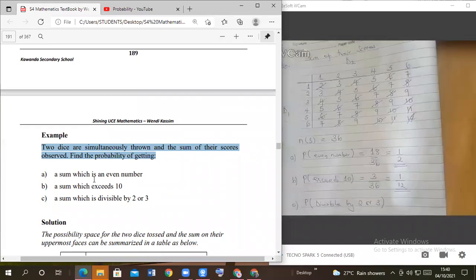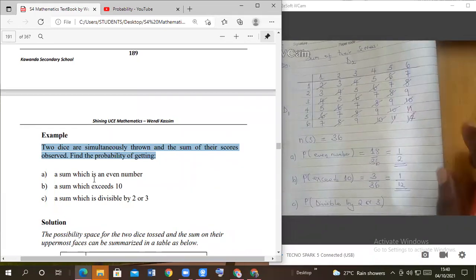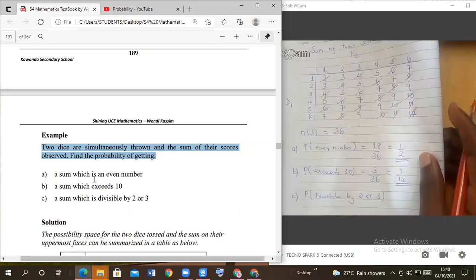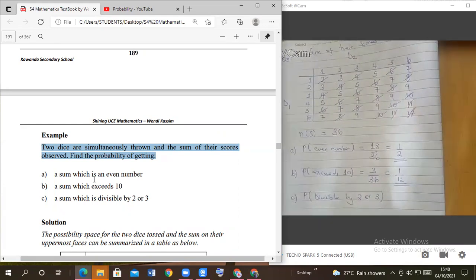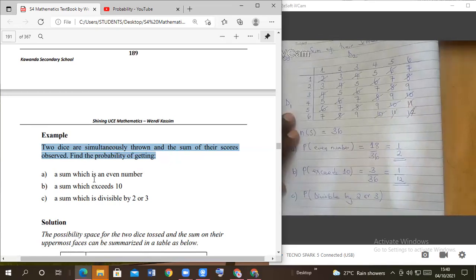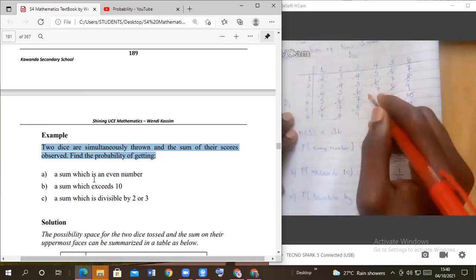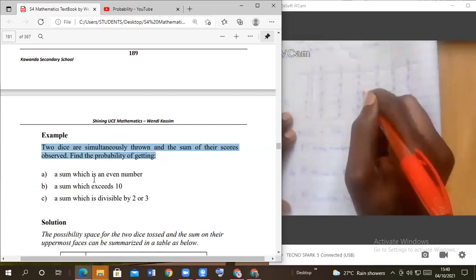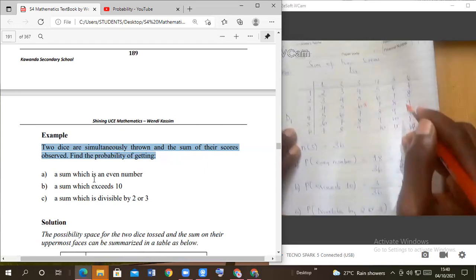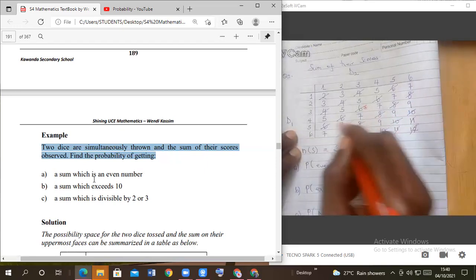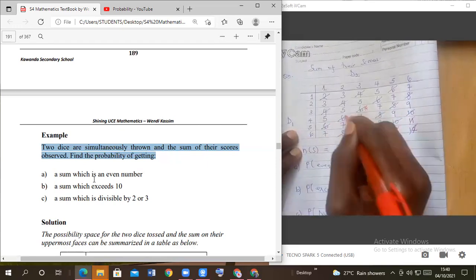Which number is that? That number must be divisible by 2 or 3. We have 6 and 12.